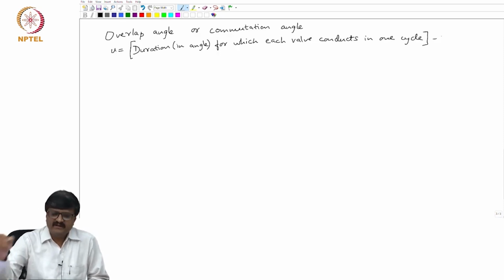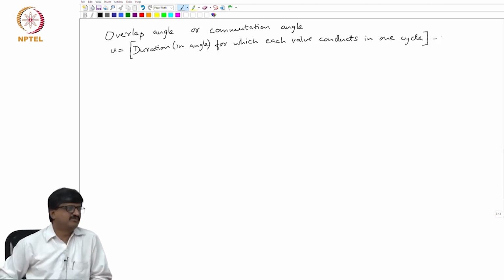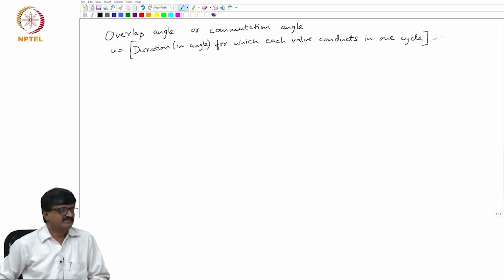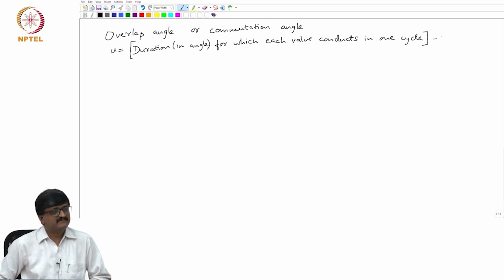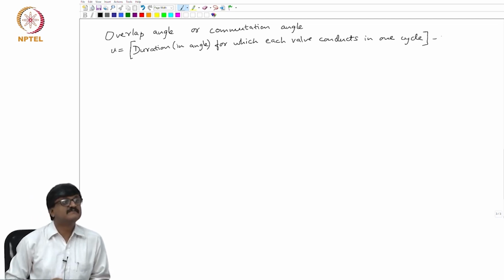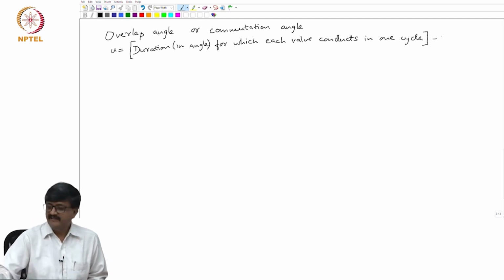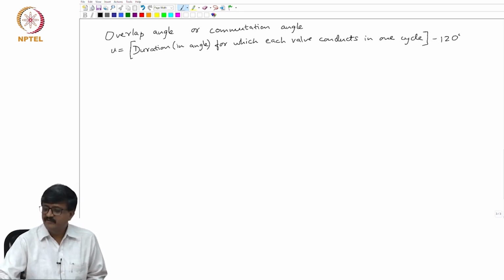So, what should I subtract from this duration to get U? If L is 0, what is the duration for which each valve conducts? Yes, it is 120 degrees. Now, it is more than 120.